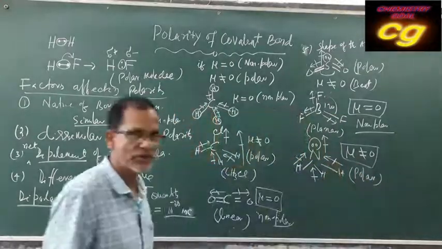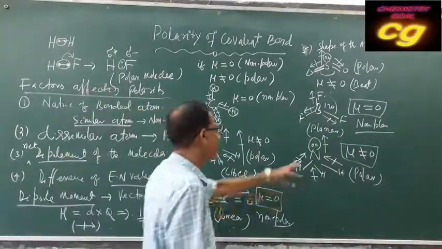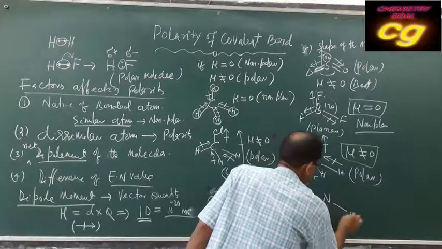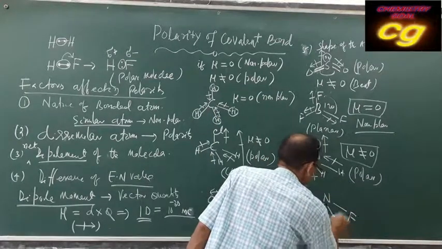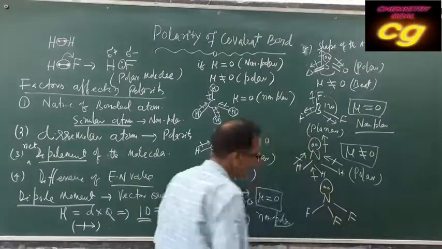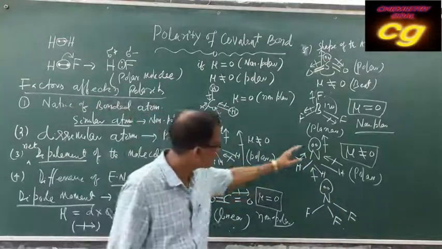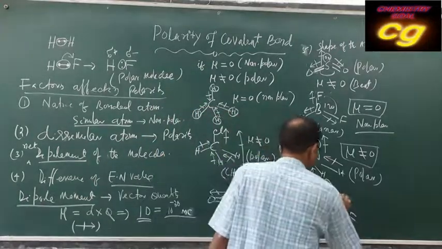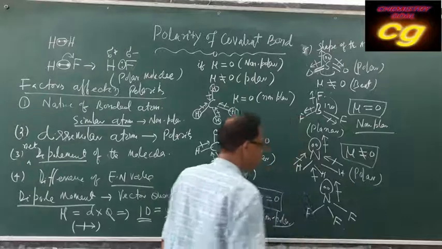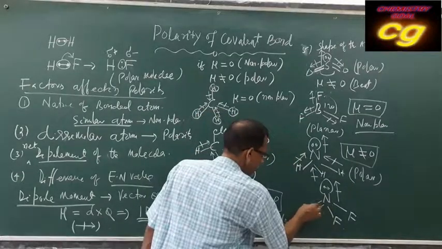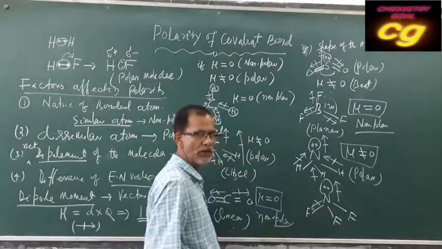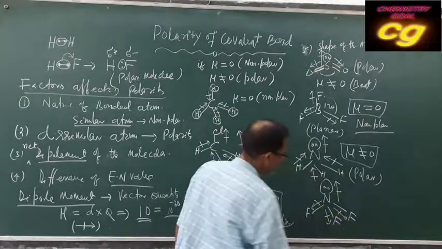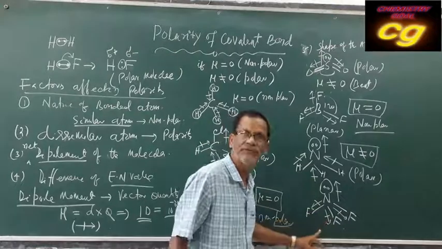Let us see another example, taking NF3. NF3 has a similar structure to NH3, but look at the dipole moment. In NF3, the nitrogen lone pair direction will be upward, but fluorine will be downward because fluorine is more electronegative than nitrogen. Compare NH3 and NF3.